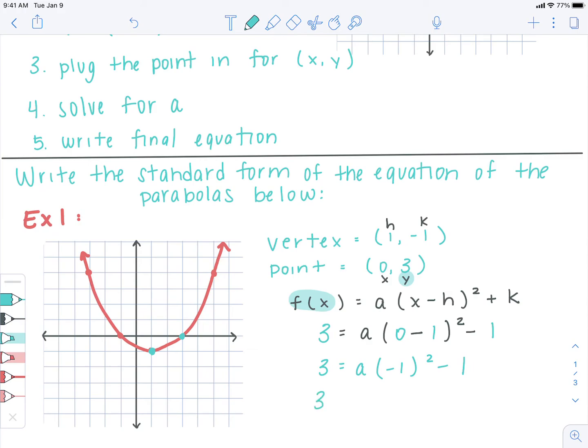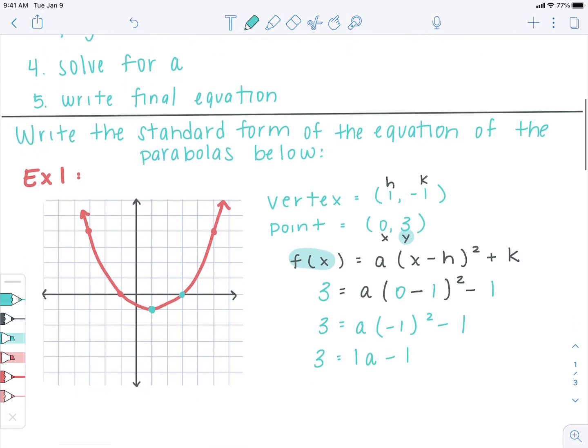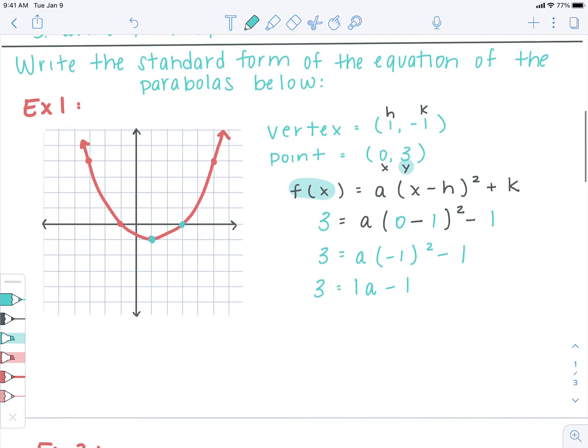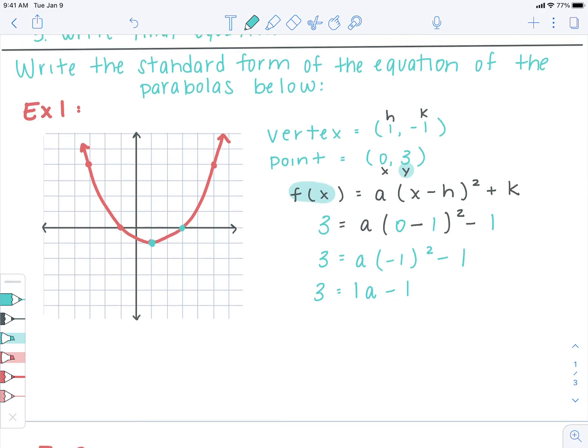So I get 3 equals negative 1 squared, which just gives me positive 1, because it's negative 1 times negative 1. We've got 1a minus 1. Now I've just got to solve for a, so I'm going to add 1 to both sides. When I do that, I get 4 equals 1a, or 4 equals a.